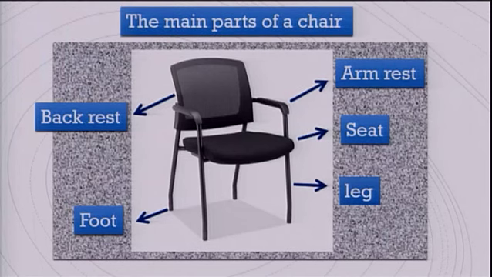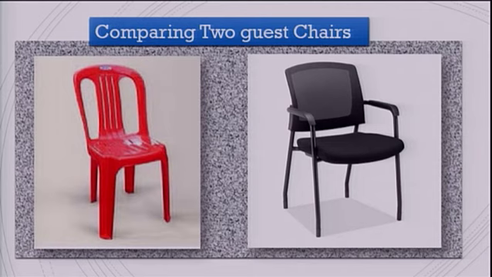Let us now have a look at different parts of a typical chair. These are the seat, the legs, a backrest, and armrests. We will now have a look at a comparison of two guest chairs. Mike is going to give us a comparison of these two guest chairs.